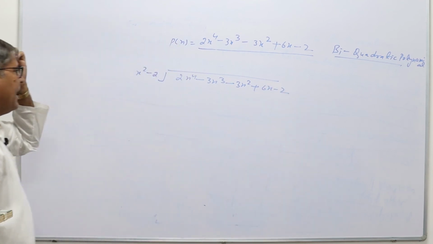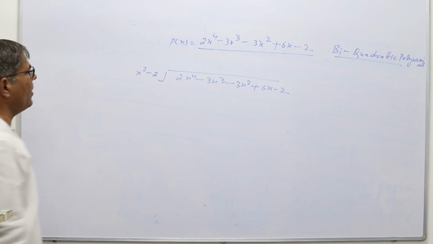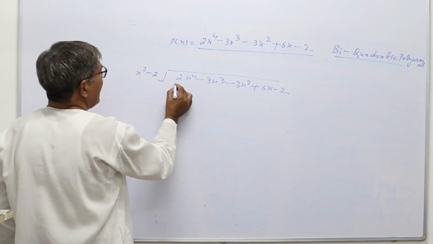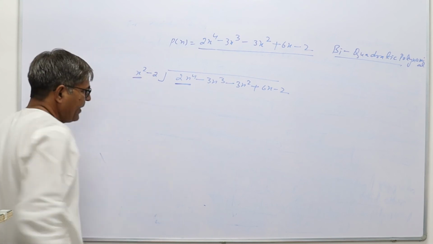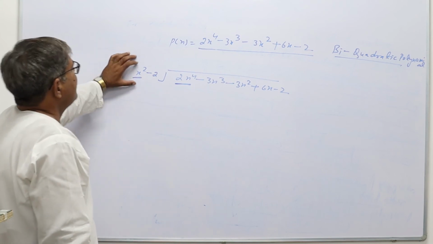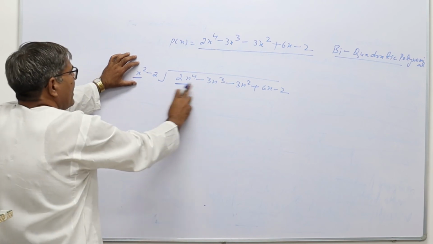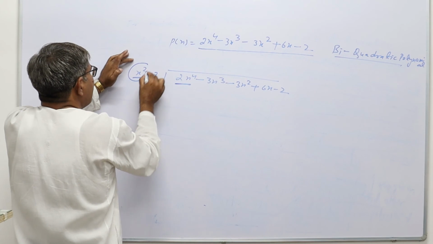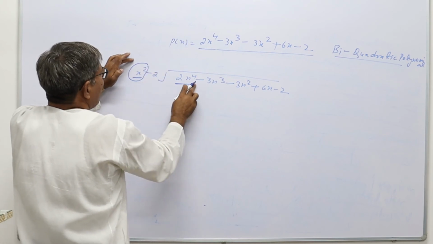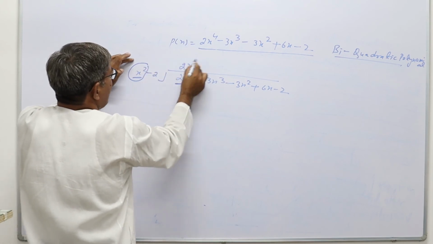See very carefully again how we will divide. First of all, we will observe the highest degree term of the dividend as well as the divisor. So in the divisor it is x square and in the dividend 2x power 4. Now by what should I multiply x square so that 2x power 4 comes? By 2x square.